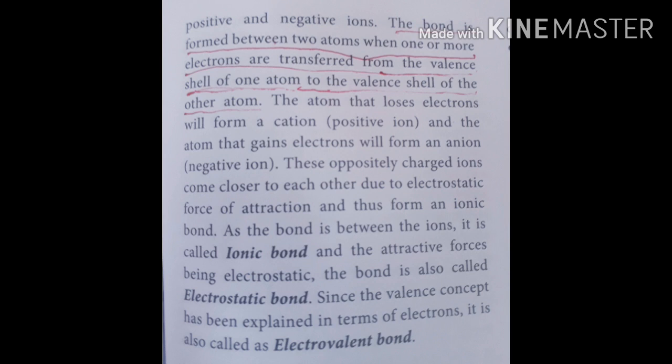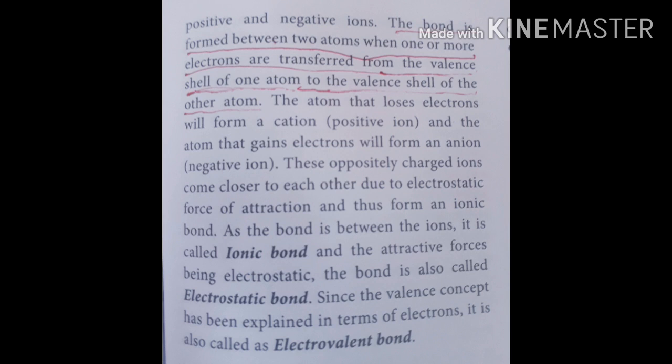Atom 2 receives an electron from atom 1 and becomes a negative ion. So one atom loses an electron and the other gains one. Thus the bond is formed due to electrostatic attraction.